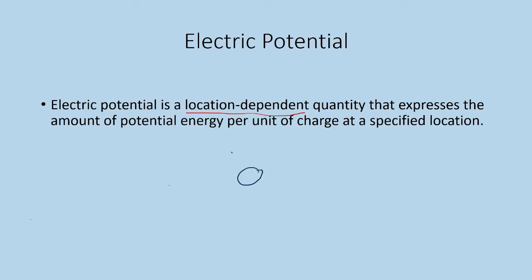If we consider a charge Q, its potential at this point is different from its potential at this point, and different from its potential at this point, depending on the distance. Let's assume this is R1, R2, and R3. It's the same charge, so the formula for electric potential which we will use is V equals Kc Q over R.